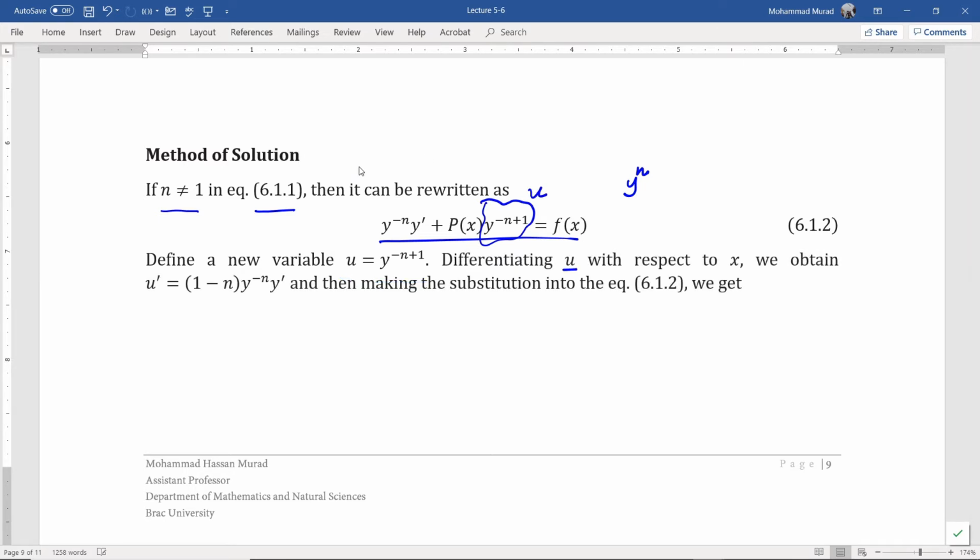Differentiating u with respect to x, we obtain u prime equals 1 minus n times y to the negative n times y prime. So u prime is equal to 1 minus n times y to the power of negative n plus 1 minus 1 times y prime, following the chain rule of differentiation.